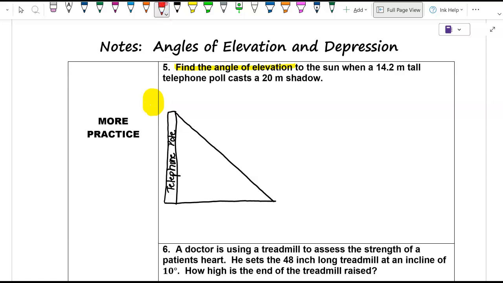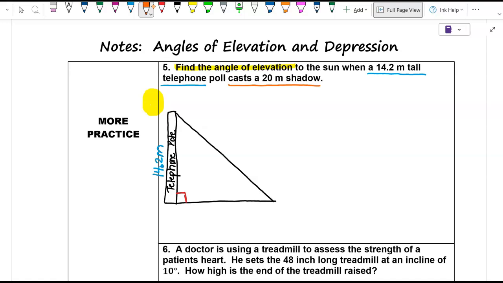Now again, there is an assumption that the telephone pole is perpendicular to the ground. So a 14.2 meter tall telephone pole. So I'm going to put that 14.2 meters here on my telephone pole. Casts a 20 meter shadow.